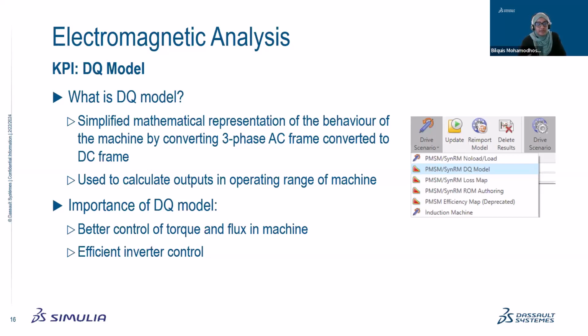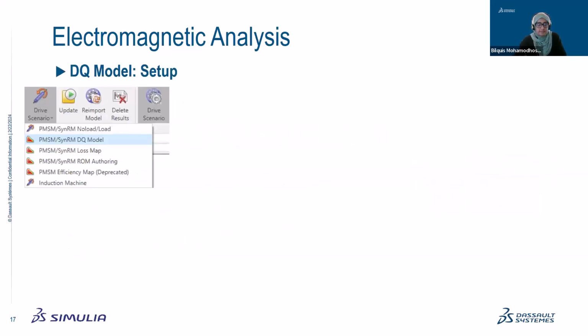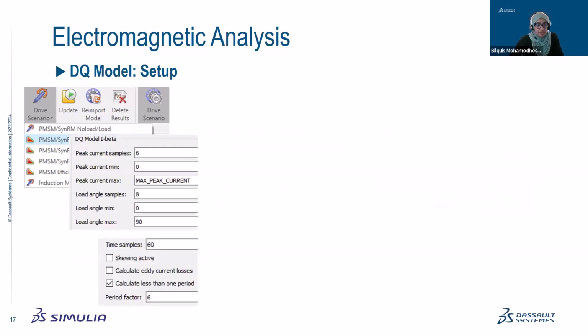The main importance of a DQ model is to have better control of the torque in the machine and also of the flux. Another important point is efficient inverter control. Setting up the DQ model is very easily done in CSD. You can use the drive scenario features that are available and create your DQ model from there.